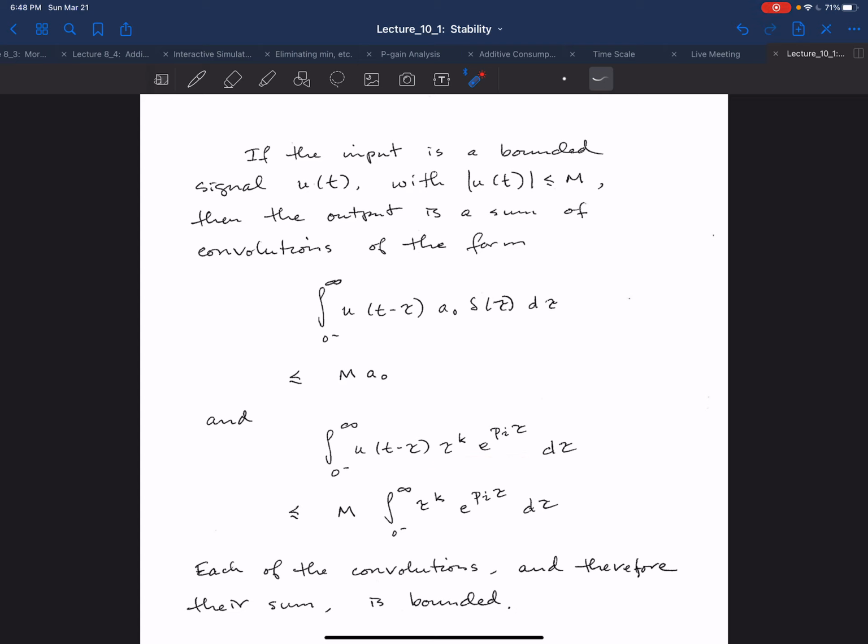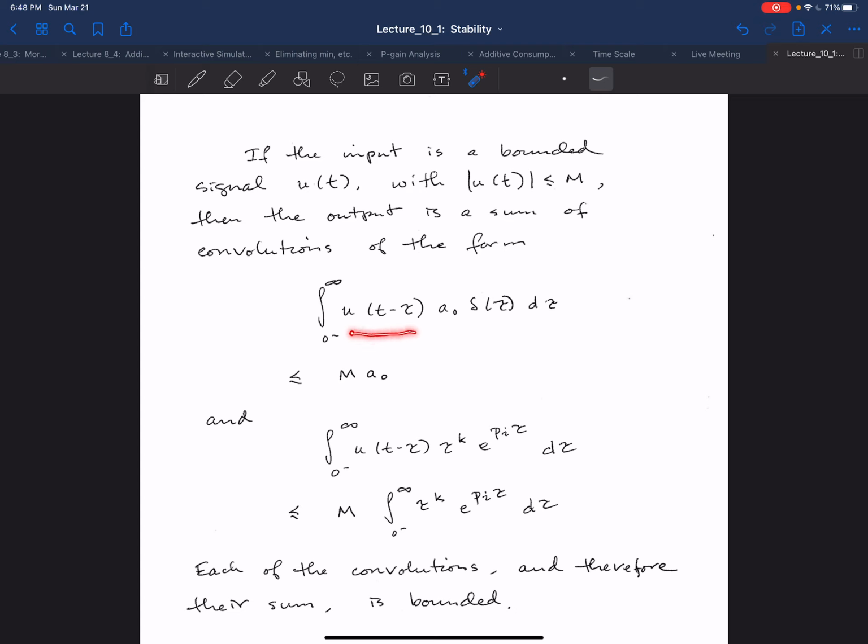Now, what happens when we perform this convolution? We know that what we get when we invert the transfer function is the impulse response. In order to find the response of the system, we have to convolve that impulse response with our input, say u.